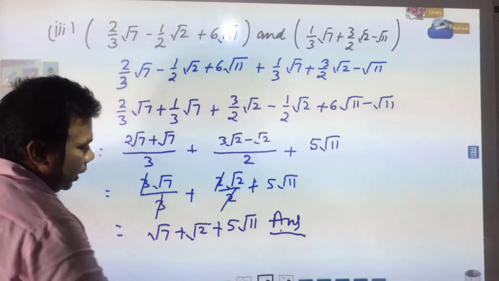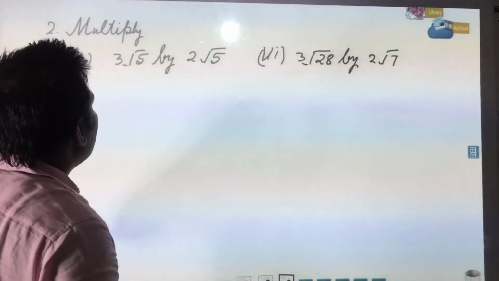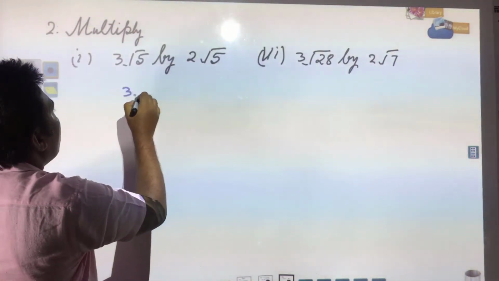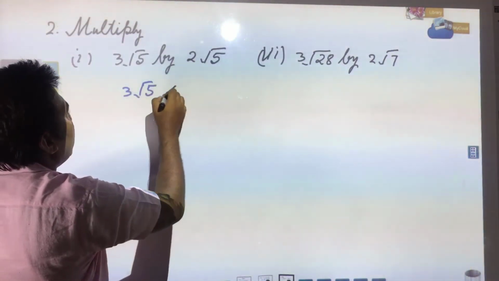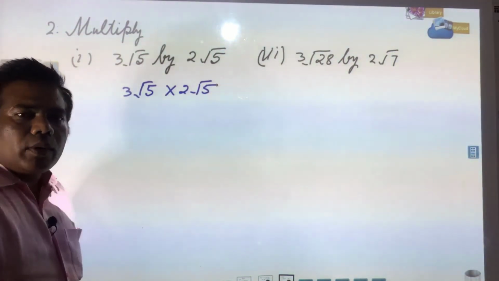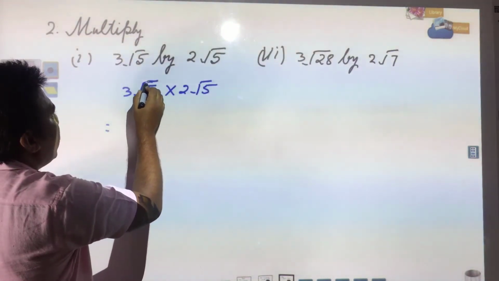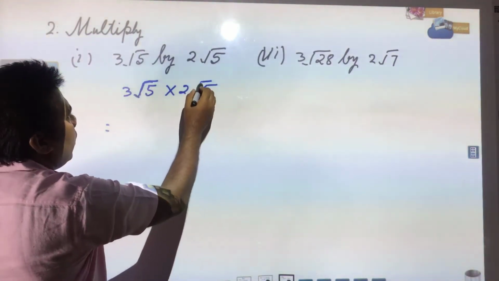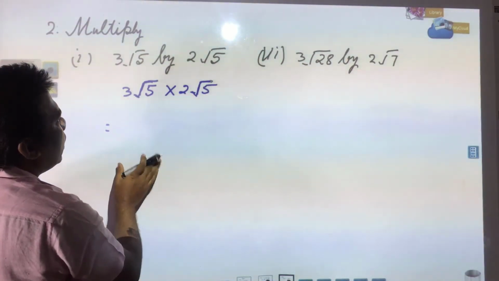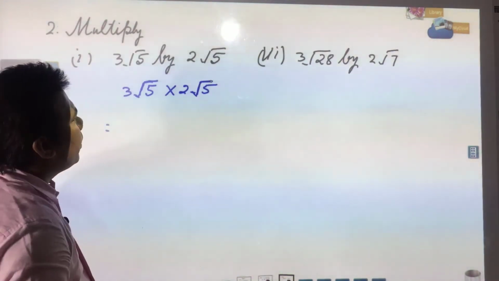In the same way, next question you see, you need to multiply these numbers. Here you see 3 root 5 into 2 root 5. What you need to do, the numbers which are under root, square root, are required to be multiplied separately, and these numbers are required to be multiplied separately.